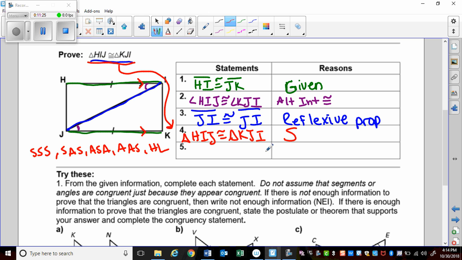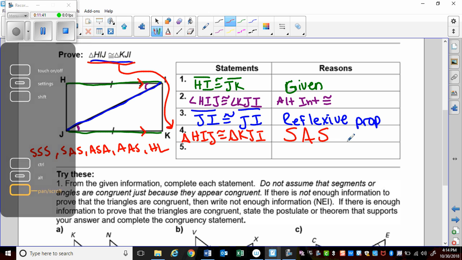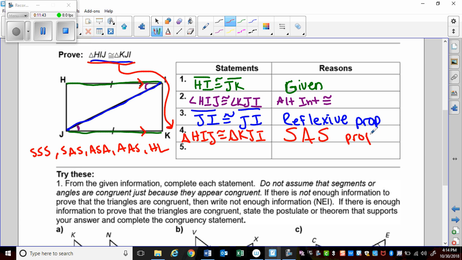This little thing right here is an angle, and then I'm going to the very next side. I can't skip anything. You guys can't go side, side. Oh, but there was an angle in between it. If the angle is in between my 2 sides, then you're going to put my A in between my 2 S's. And then we're going to write property. That's it. You're done.